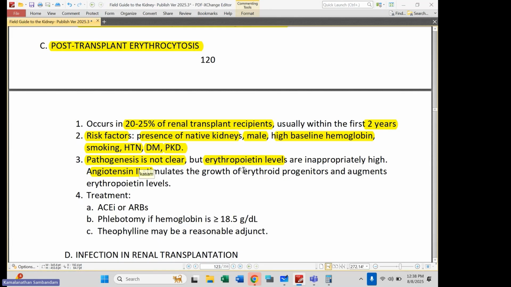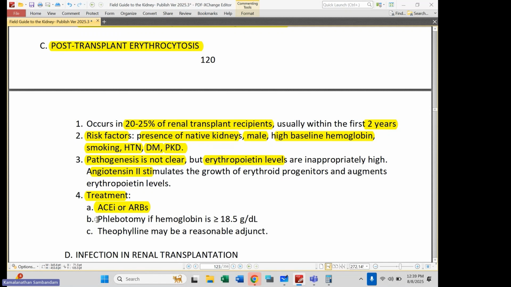And so you can leverage this by treating with angiotensin receptor blockade or ACE inhibitors to reduce the response to this higher EPO level. So our first-line treatment for post-transplant erythrocytosis is to retard the response to these inappropriately high EPO levels with ACE inhibitors or ARB.